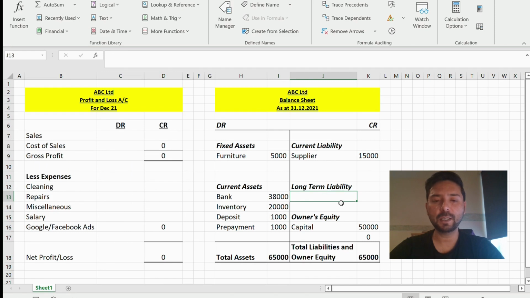Let's assume that the government had this policy, or the banks had this policy, to offer loans of, let's say, 15-20,000 euros to all the new starters, and the bank approached the owner, and the owner went on and took a loan for, let's assume, 15,000 euros.